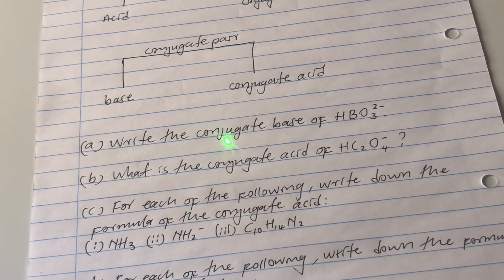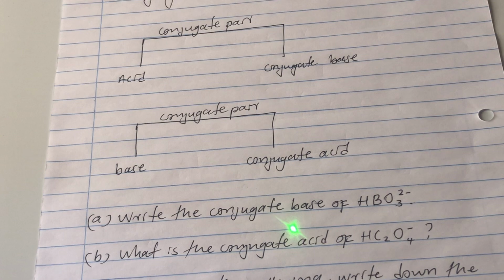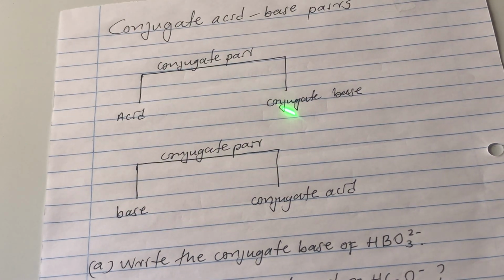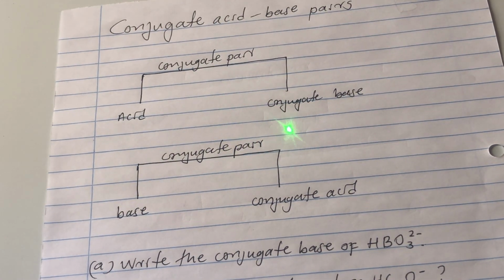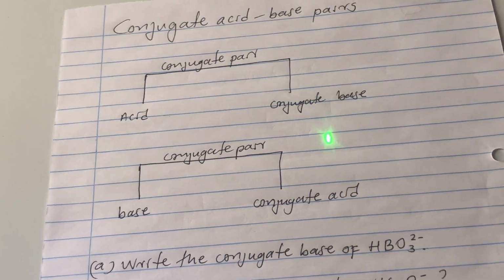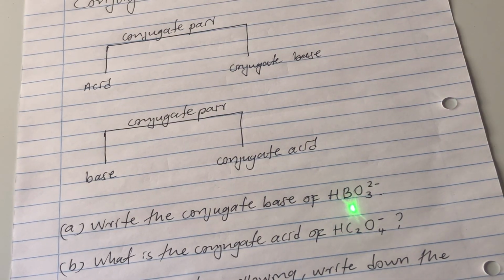Write the conjugate base of HBO3 2 minus. Let's come back to this information here. We are required to write the conjugate base of HBO3 2 minus. This tells us the following.